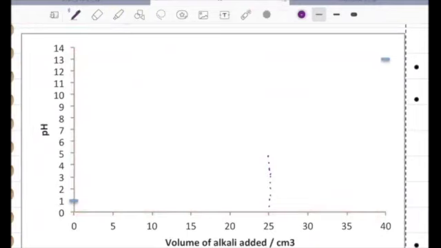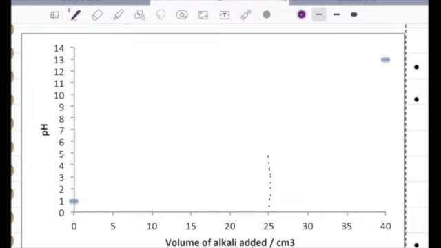So this can be acid, this can be alkali, depending on which system you are using. So in my case, I'm putting my acid in the conical flask and my alkali in the burette. Okay, so the pH that I'm measuring is the one inside the conical flask. It would be silly to measure the pH inside the burette, right?